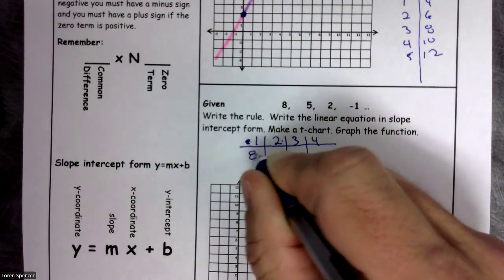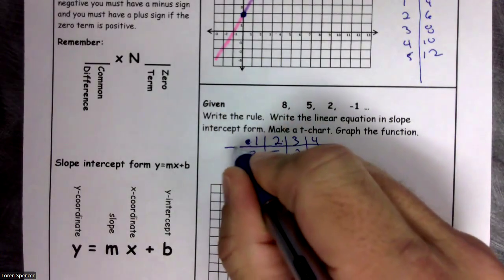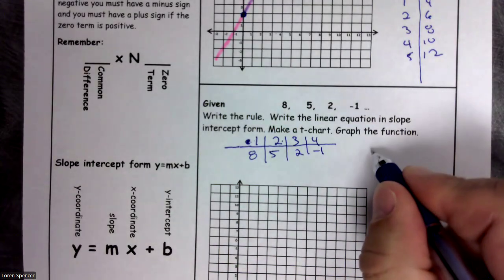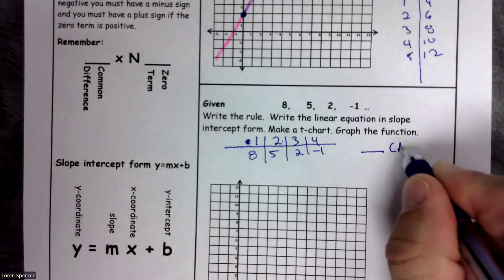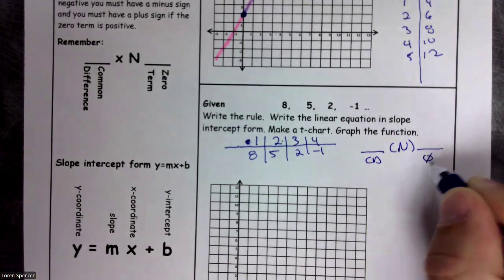And we have 8, 5, 2, negative 1. And we know we're working with a blank in blank, where this is my common difference and this is my zero term.